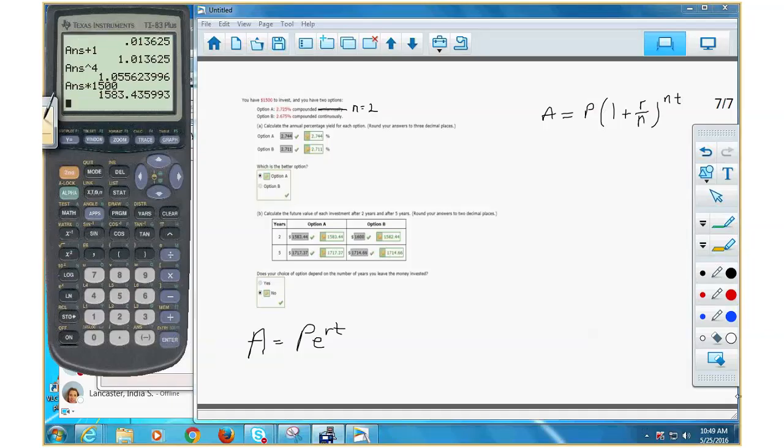Okay, write that down. That's 1583.44. All right, write that down, but you got to write it down as compounded semi-annually for 2 years. Okay?